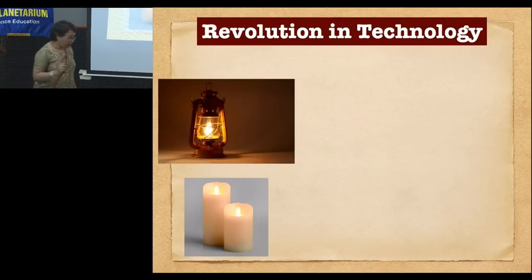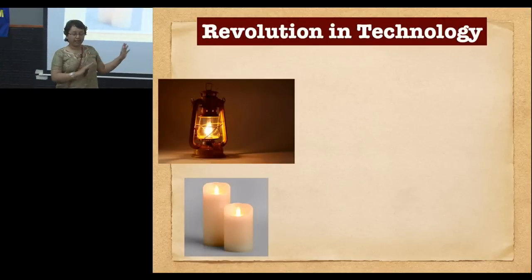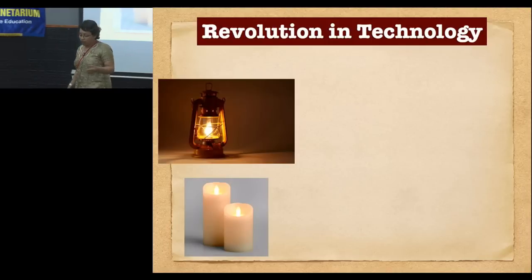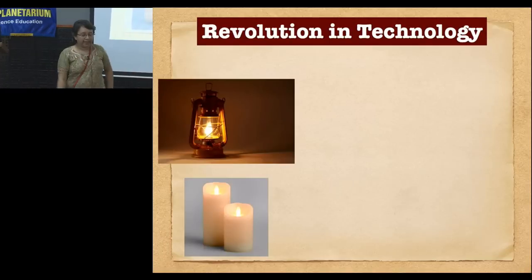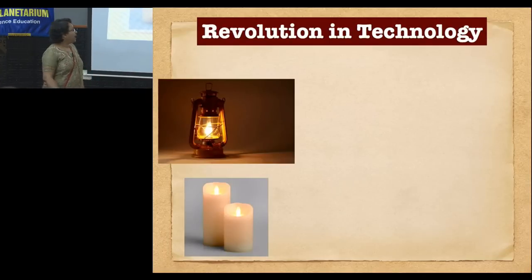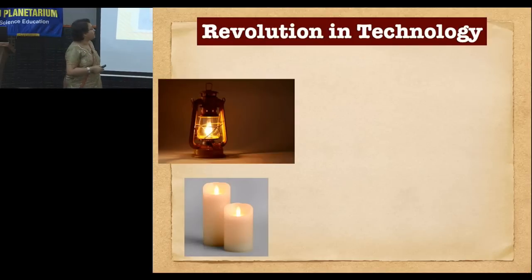Here I just want to mention one thing. This was actually motivated by one of our friends who also mentioned this in her talk, and I also got motivated to put this slide.